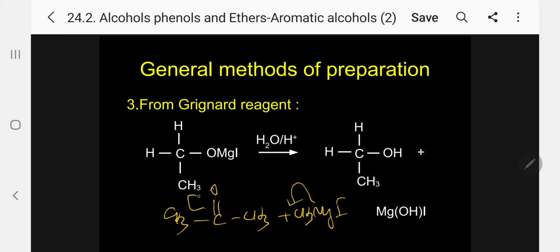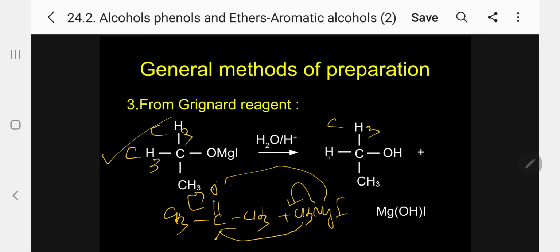CH3 will come over here and Mg will go here, forming this intermediate. So I can write CH3, CH3, and automatically the product will be tertiary butyl alcohol.